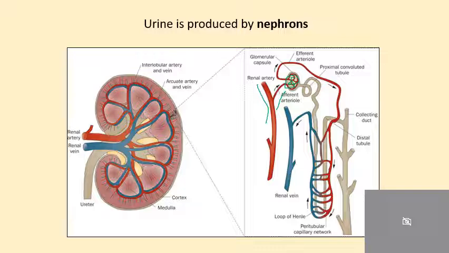If we continue to examine the flow of blood, after blood leaves the glomerulus, it enters a vessel known as the efferent arteriole. The efferent arteriole turns and branches to give rise to the peritubular capillaries. Peritubular.